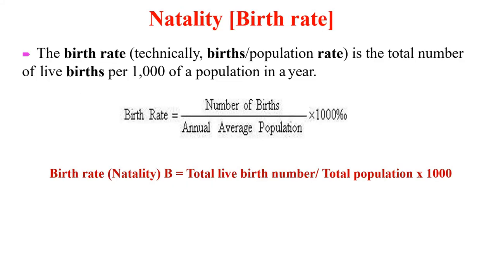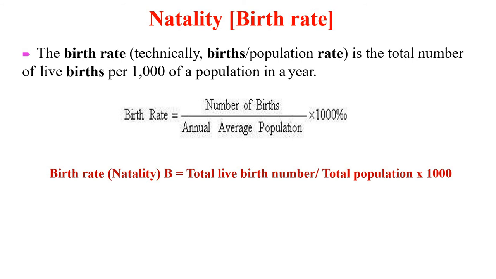Now we'll consider the natality, that is birth rate. The birth rate, technically birth or population rate, is the total number of live births per 1000 of a population in a year, which is calculated by using the formula: birth rate is equal to number of births per annual average population multiplied by 1000.